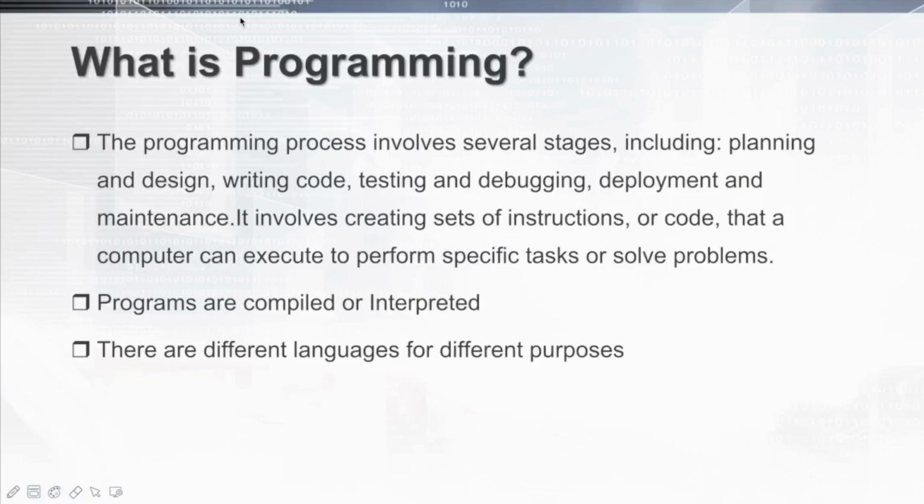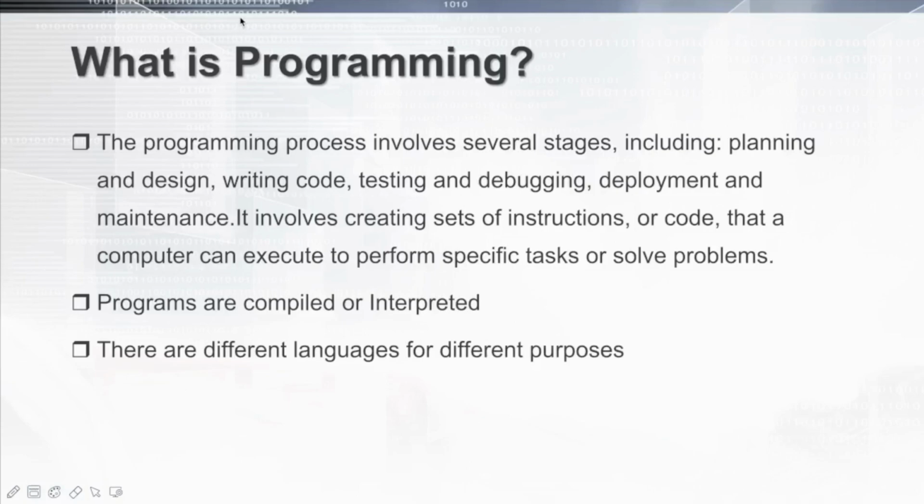Then we have web. We have applications that run on the web. So we have a set of languages that are used to develop applications for web. Languages like JavaScript, Python, PHP, and so on can be used for web application development. We have desktop application development, we have embedded systems, IoT, and so on.